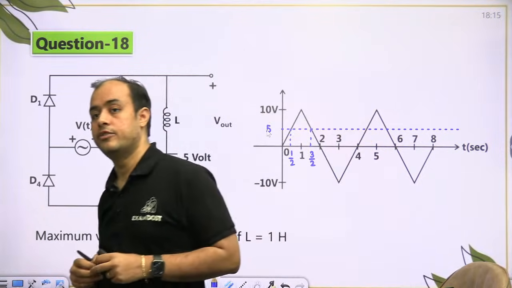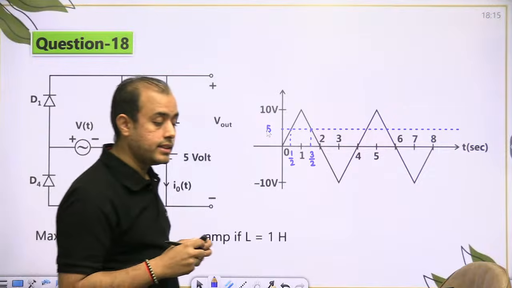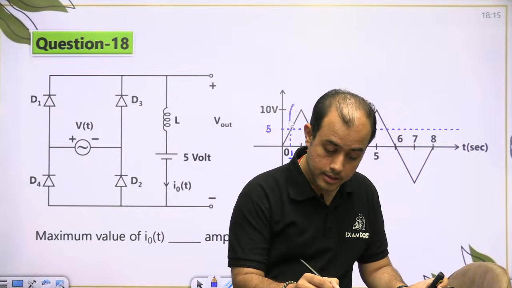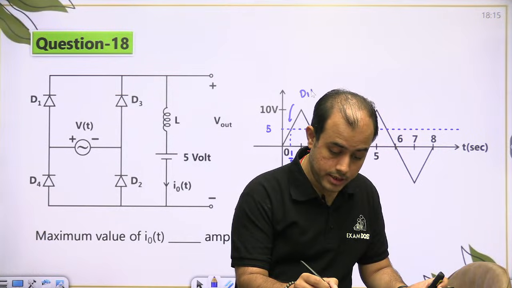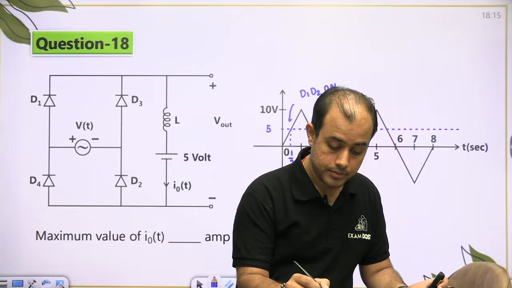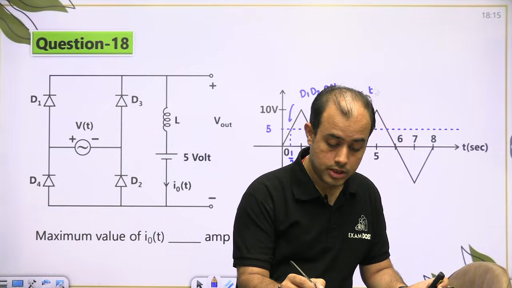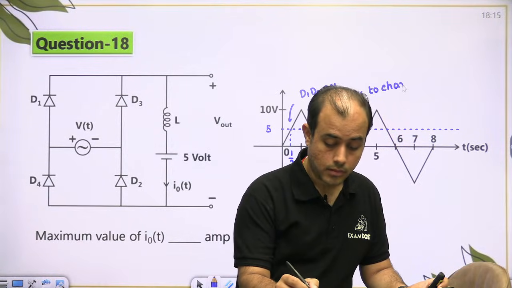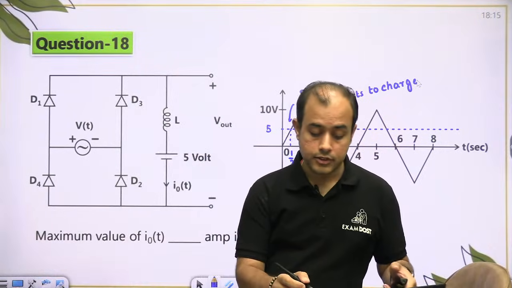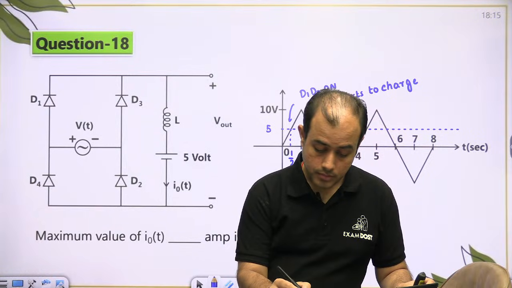It will come at the midpoint, 5 volt. Now during this part, beta, here D1, D2 on. Inductor starts to charge. And what will be the inductor voltage, beta? Input minus E.